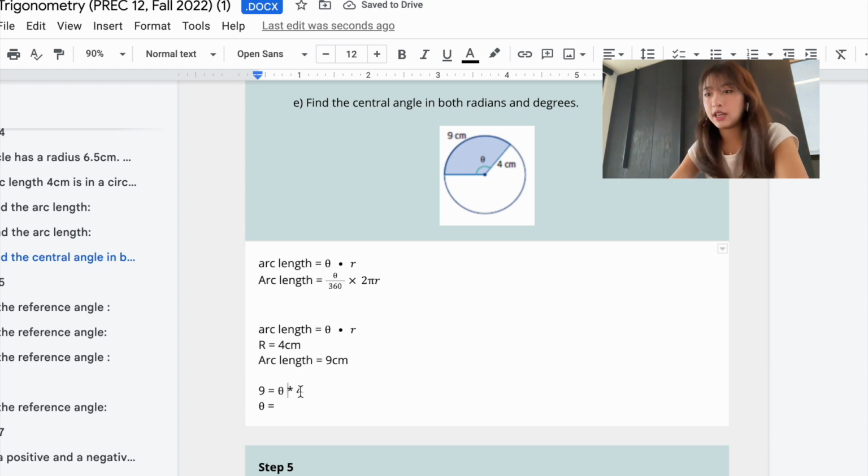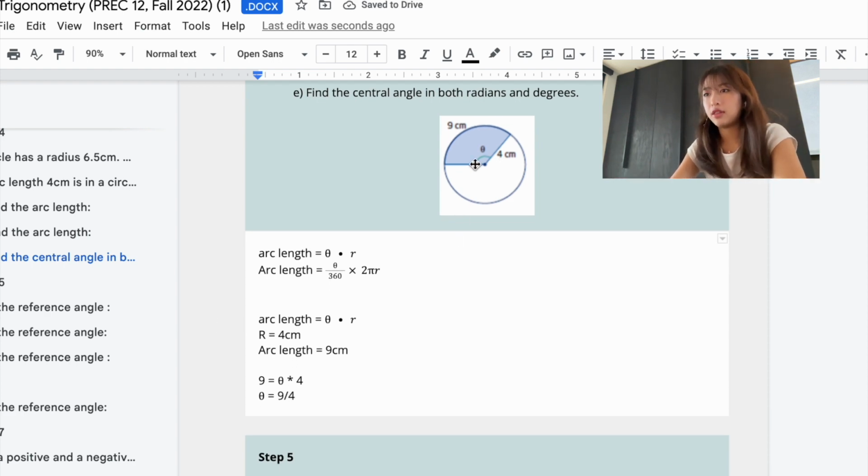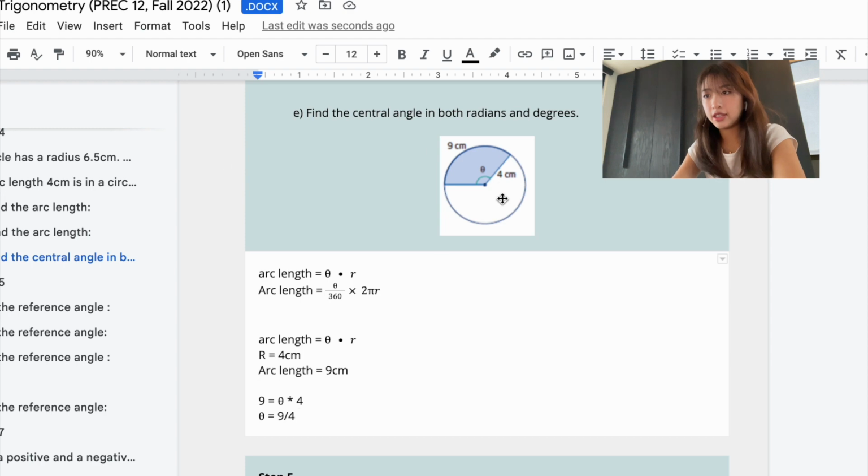We do this because we're using multiplication here, so we're dividing both sides to get rid of that 4 on this side. Then if we divide 9 by 4, that is 9 over 4. So the central angle of this section is 9 over 4 in radians.